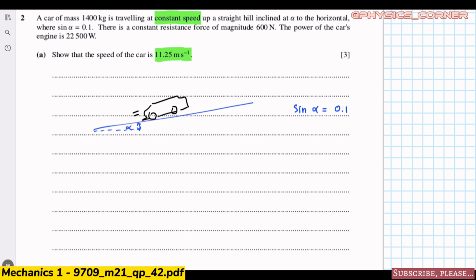First we have the weight mg, and we have mg cos alpha, because of the angle alpha in here, and also mg sine alpha.